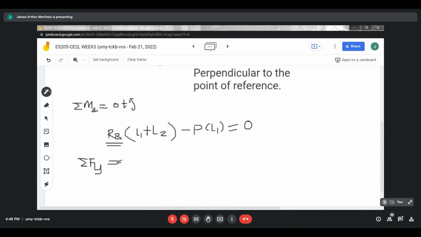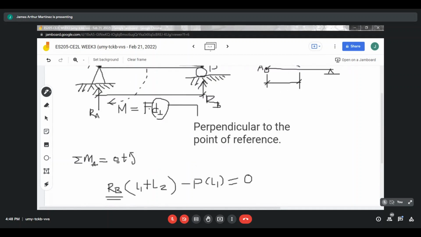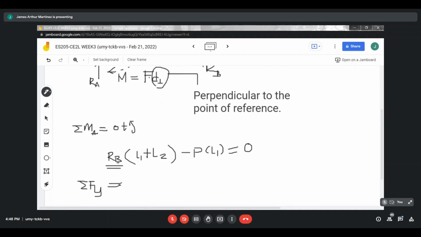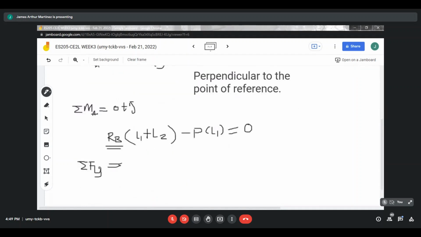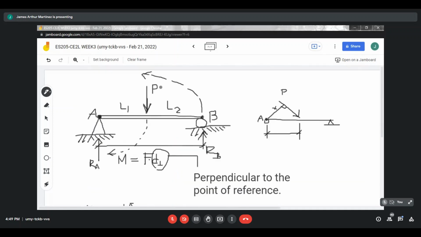These are the three equations of equilibrium: summation of forces on the y-axis equal to zero, summation of forces with respect to the x-axis equal to zero, and summation of moment equal to zero. So we have three equations of equilibrium. Always remember that. So if you have RB, and P is given, you can take summation of forces on the y-axis.